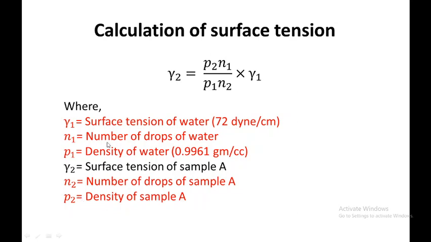Then N1 indicates the number of drops of water. Then rho 1 is the density of water, which is 0.9961 gram per cc. Then N2 is the number of drops of sample, which we have already counted, into the surface tension of water, that is 72 dyne per centimeter. So by using this equation, you can calculate the surface tension of the sample under test.